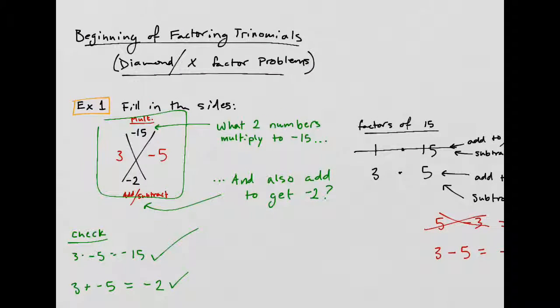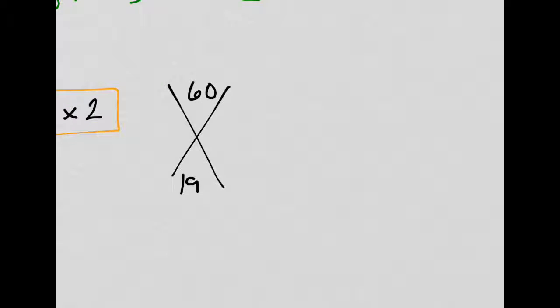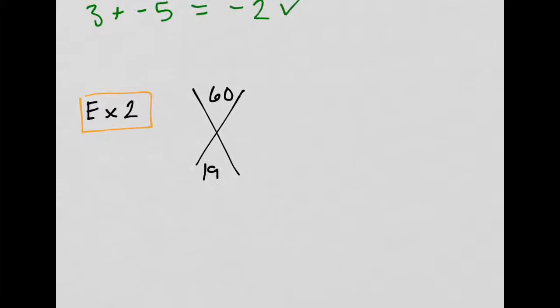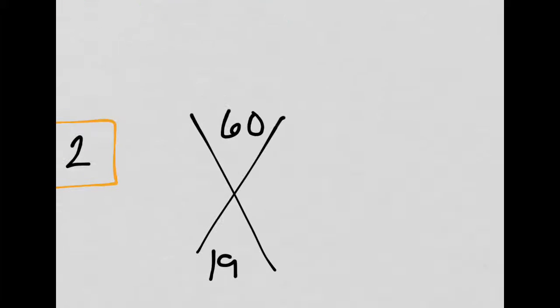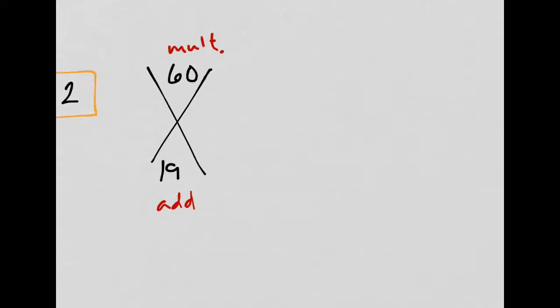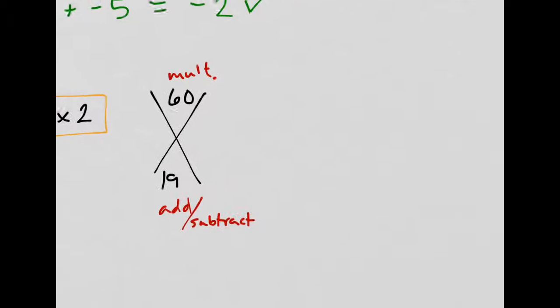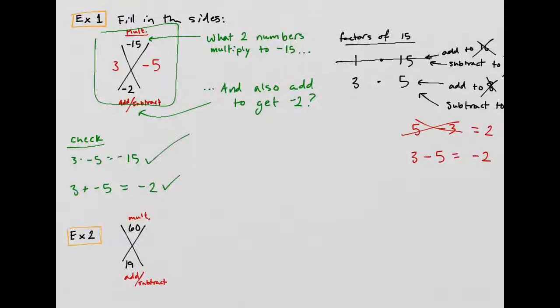Let's try another, and I won't write so many words. So here, 60 and 19. Remember, it's multiplying on the top and adding or subtracting on the bottom. When you're subtracting, you just make one of them negative. But let's see here. What are the factors of 60?